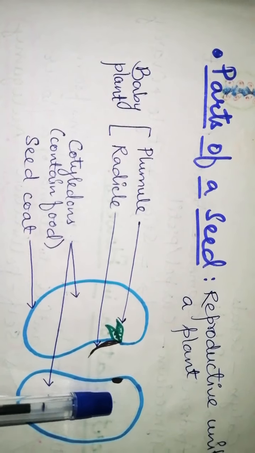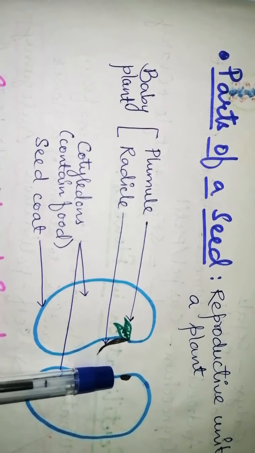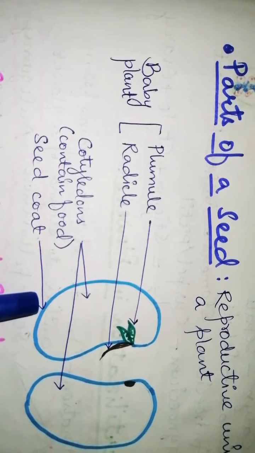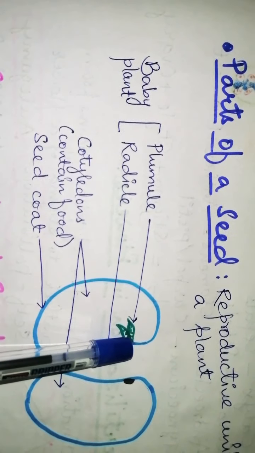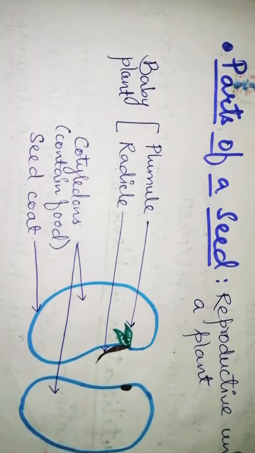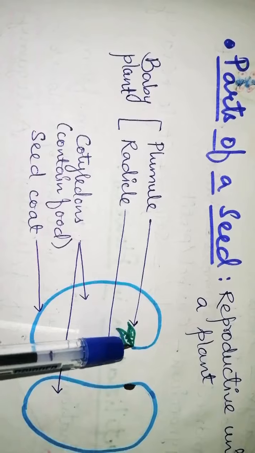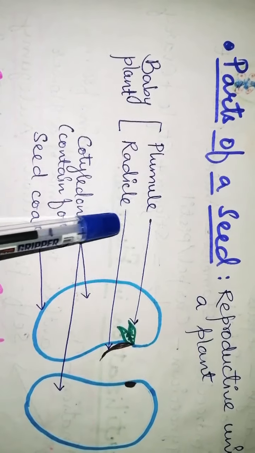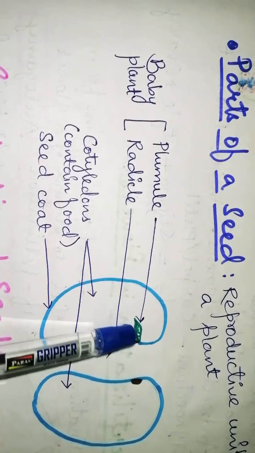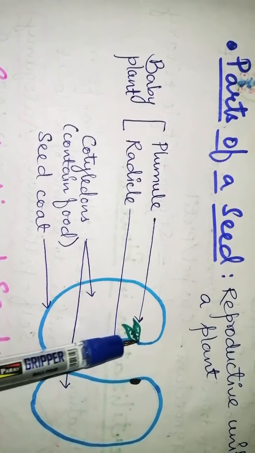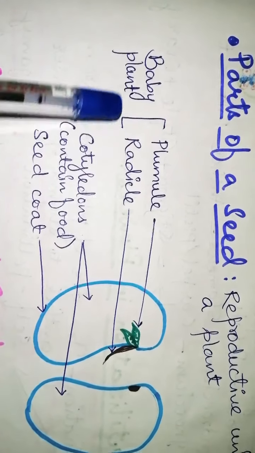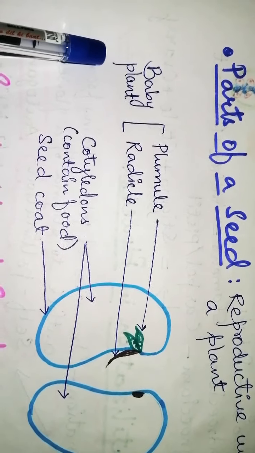Now from this attachment, what happens due to germination? When all the conditions are favorable, the seed starts to germinate from this portion, and this is known as plumule and radicle. One portion gives rise to plumule, the other portion gives rise to radicle, and these two combinedly, when developed, form a new baby plant.